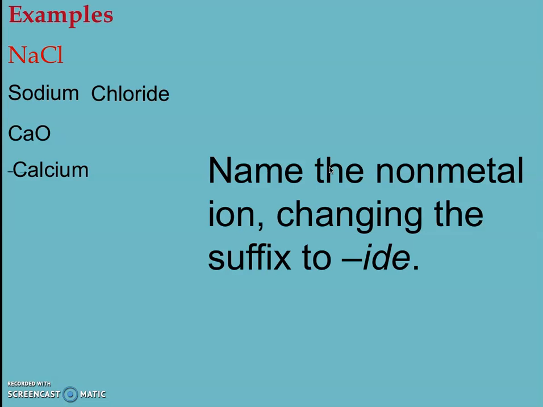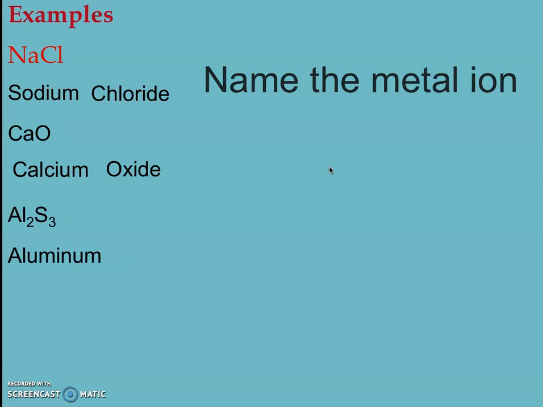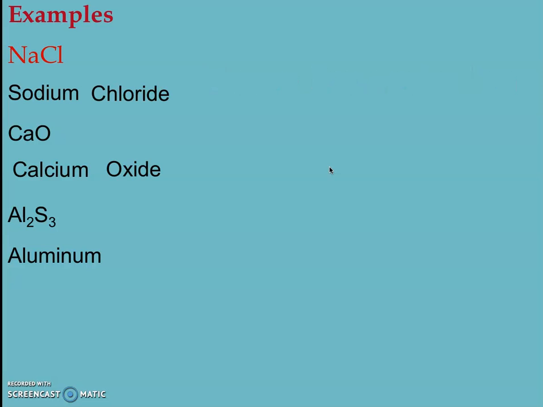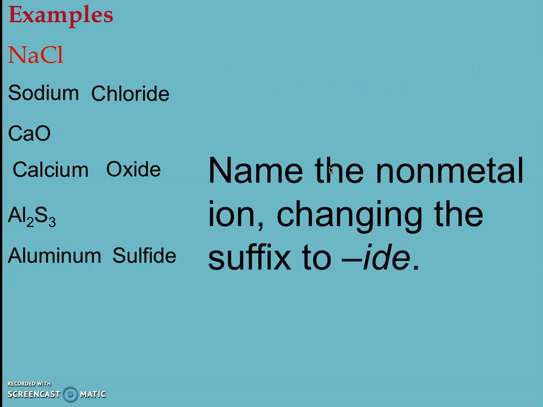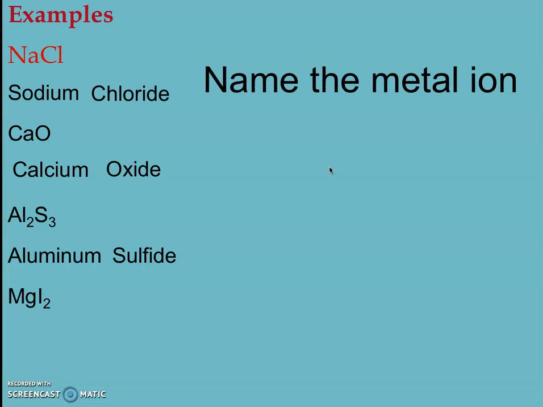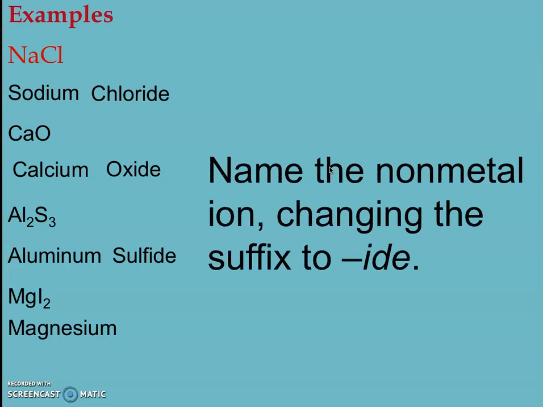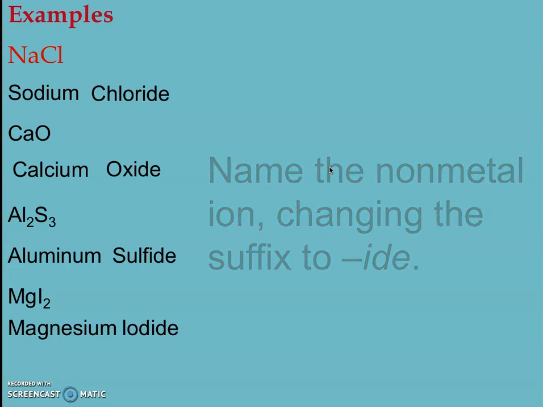We're adding IDE, so it's going to be calcium oxide. Al2S3, that's going to be aluminum, sulfur, but we add the IDE and it's going to be sulfide. Then we have MgI2, so we have magnesium, iodine, but we're going to add that IDE, so it's going to be magnesium iodide.